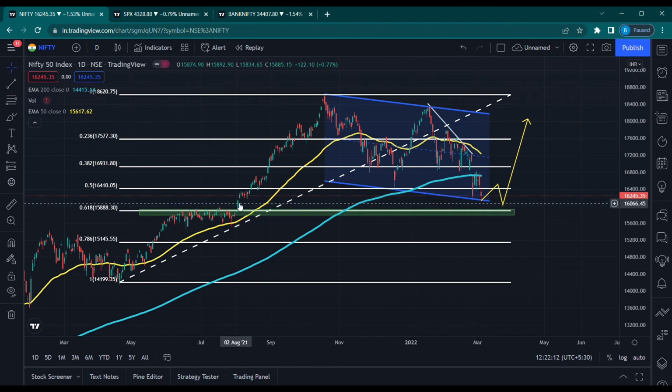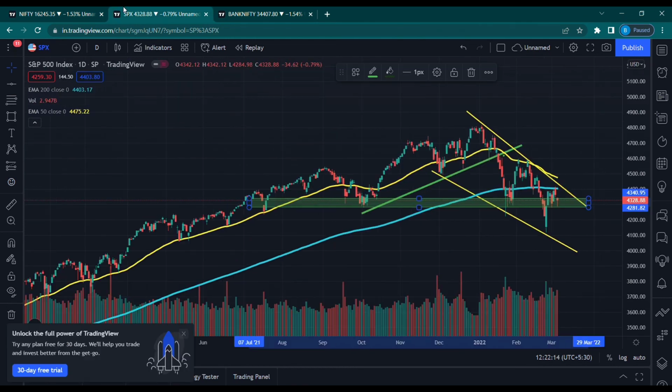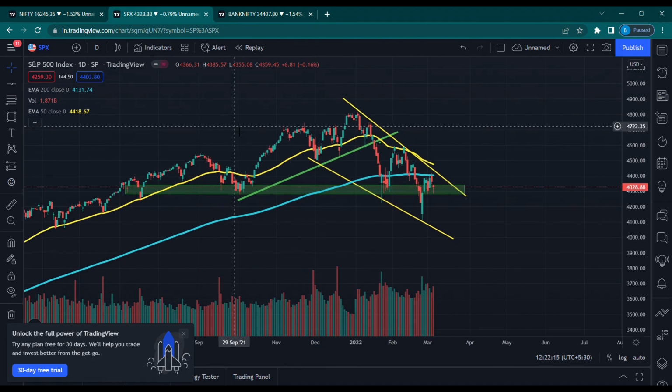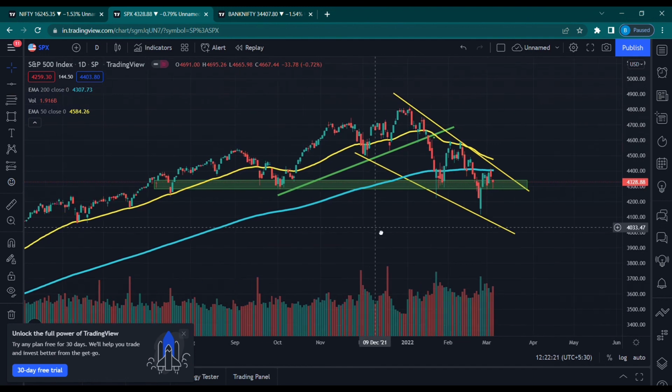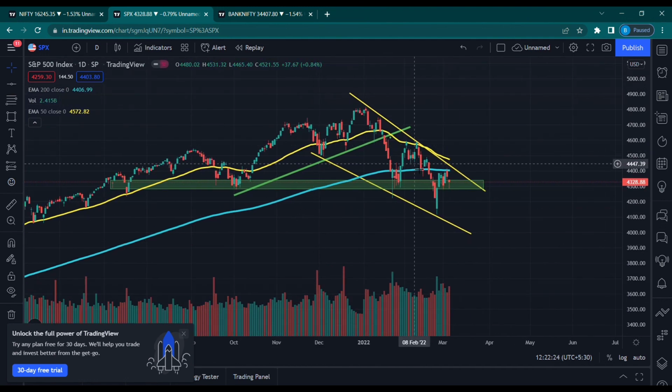So talking about the global markets, let's have a look at the S&P 500. This is the US market index. What we can see here is again a pretty strong short term downtrend, as you see, and here also we are seeing the 200 EMA getting broken in our daily time frame, as well as the major area of interest, which is from about 4300 to around 4270, that is also getting broken right now.